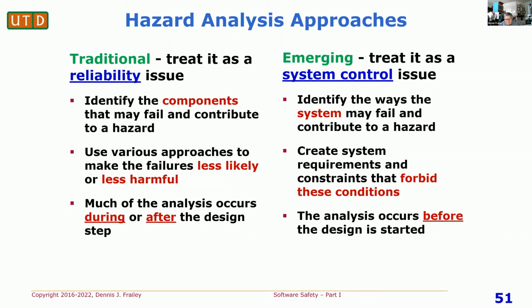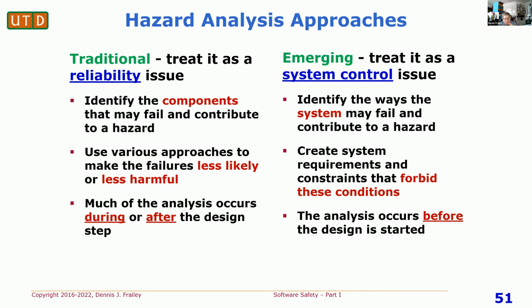And then you have a system that can be implemented without necessarily failing in the ways you identified. The key thing about this is that this analysis occurs before you design the system. It occurs when you have the requirements. You know what it's supposed to do, and you say, well, here's how it could go wrong.